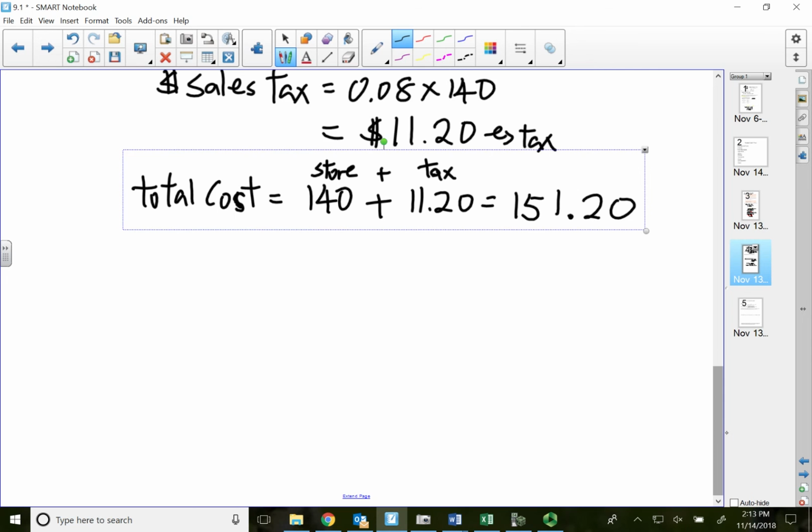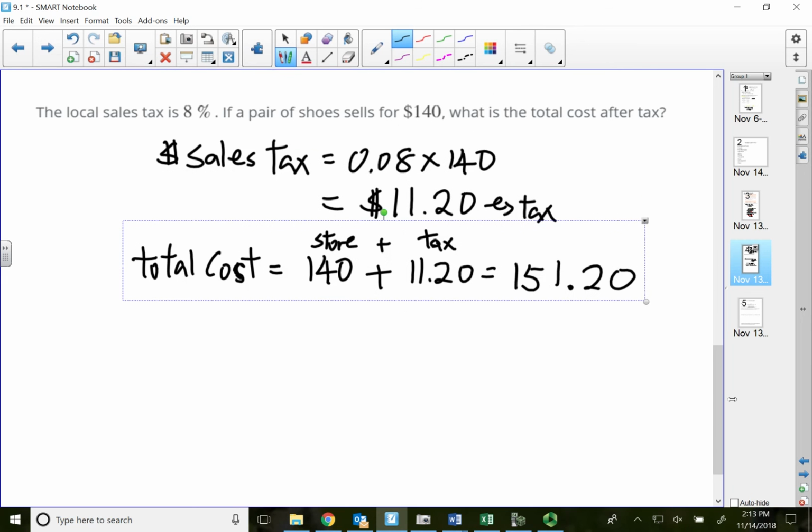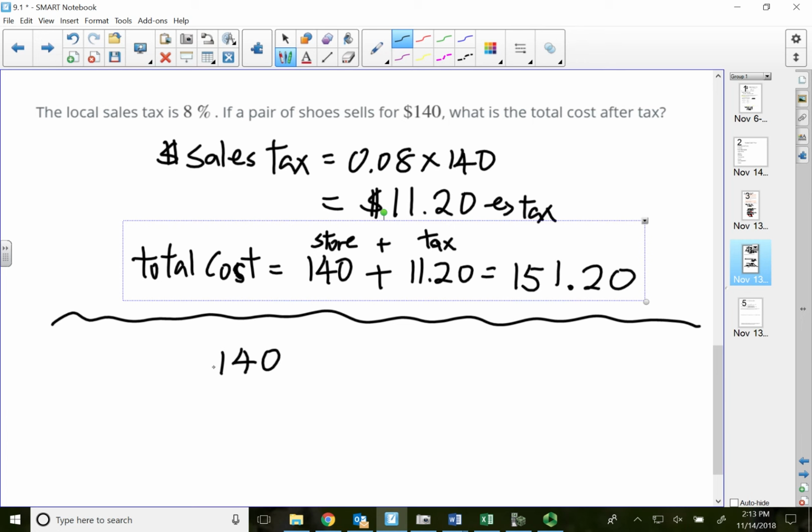Now, I'm going to challenge you to think about this in a different way, okay? Another way of looking at the same thing goes like this. If I really want this pair of shoes, how much of the $140 am I going to pay for it? Do I pay some of the $140 or do I pay for the whole thing if I want the shoes?